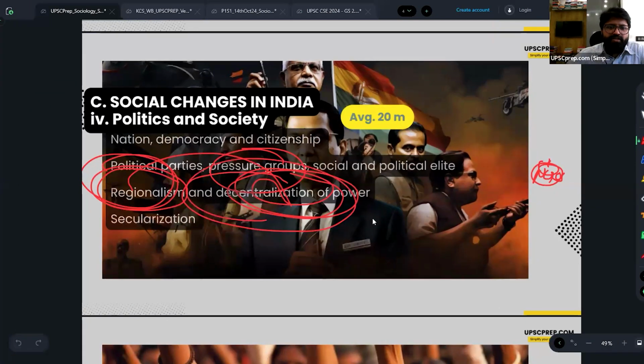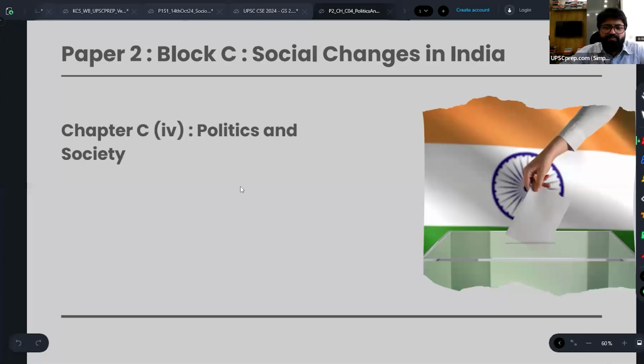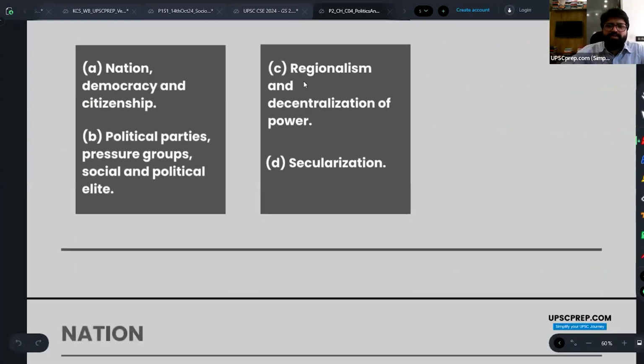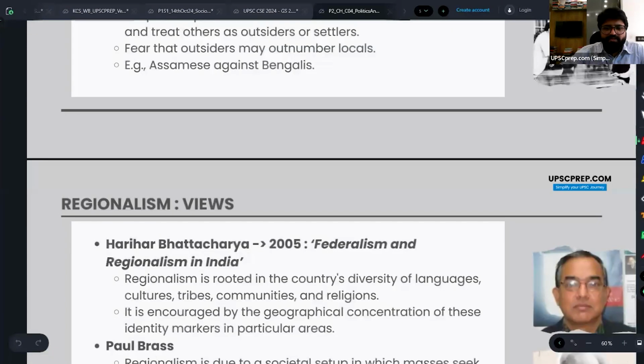Decentralization of power, which is there in politics. So if I open that politics chapter quickly, let me open that. See, decentralization is here, so I will go to the last, decentralization.